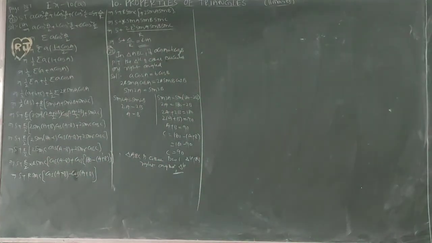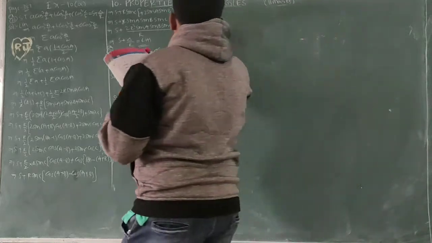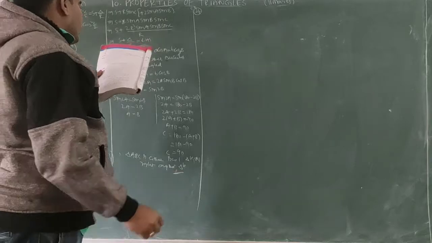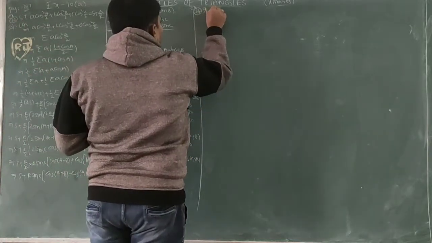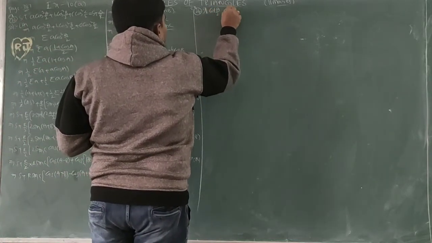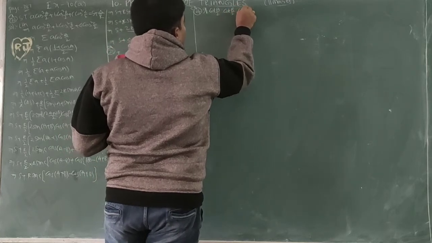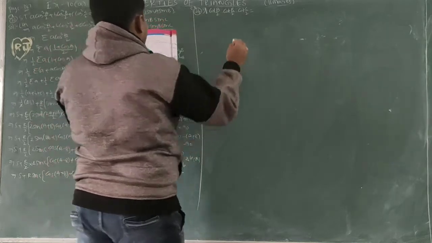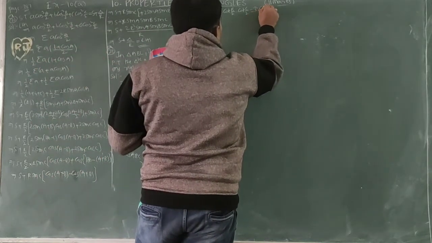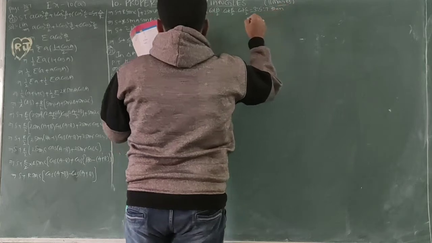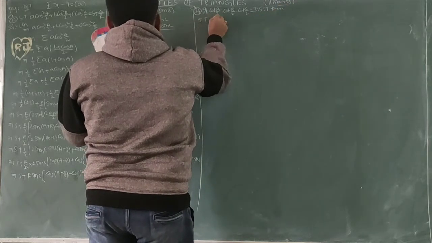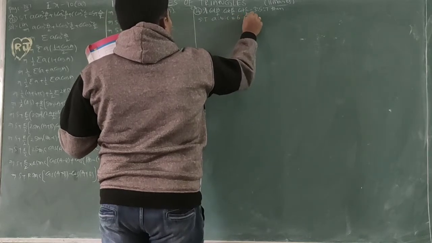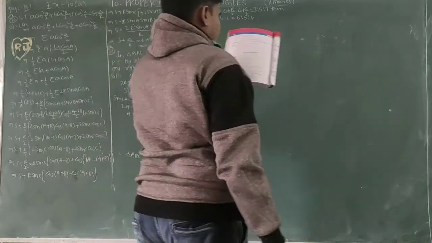Okay, next, 24th. Example 24. If cot A/2 : cot B/2 : cot C/2 equals 3 : 5 : 7, then show that A : B : C equals 6 : 5 : 4.